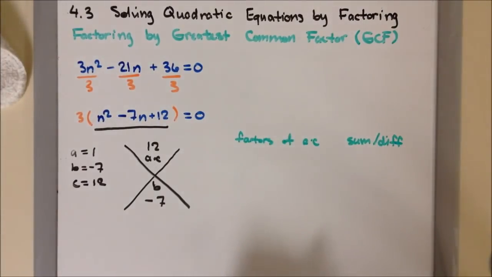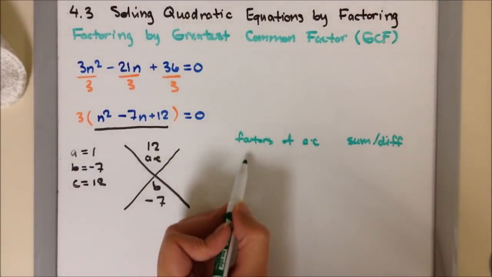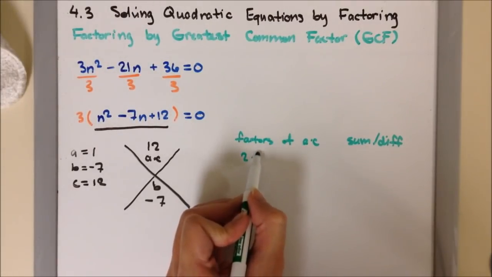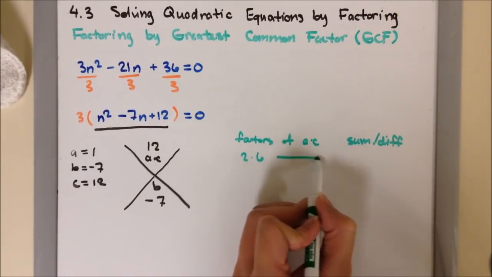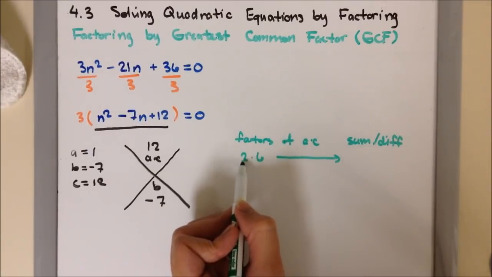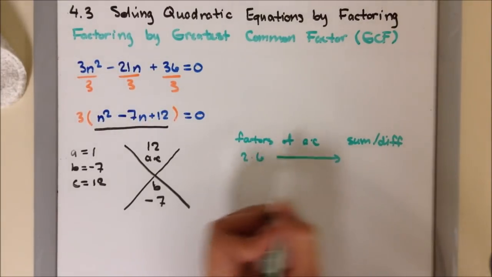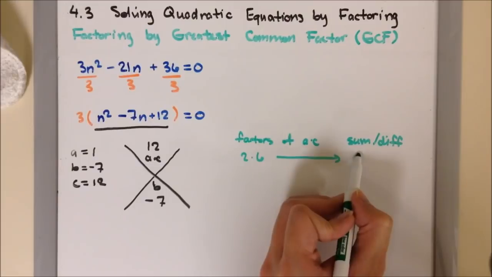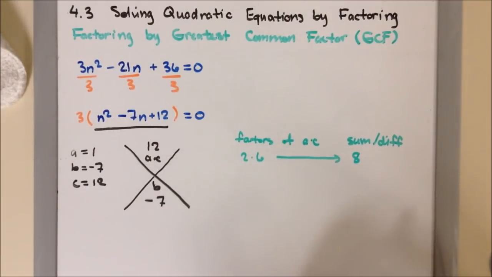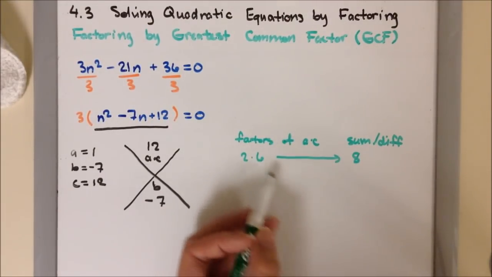So factors of A times C. For positive 12, we could do 2 times 6. When you multiply, it will be 12. But if I combine a positive 2 and a positive 6, the sum would be positive 8. Doesn't match, so I can't use 2 and 6.